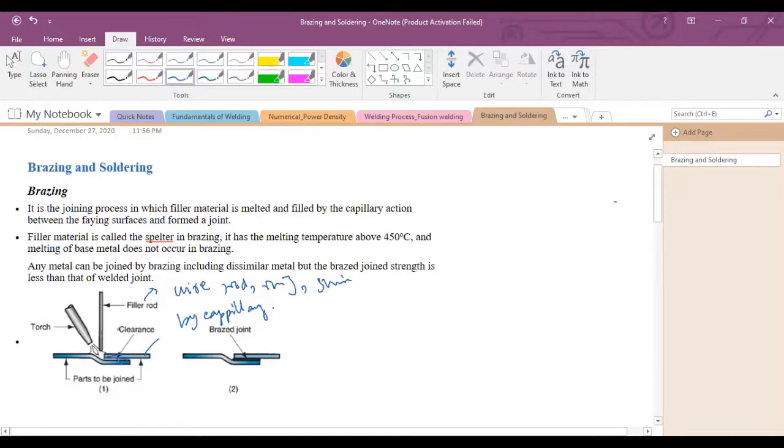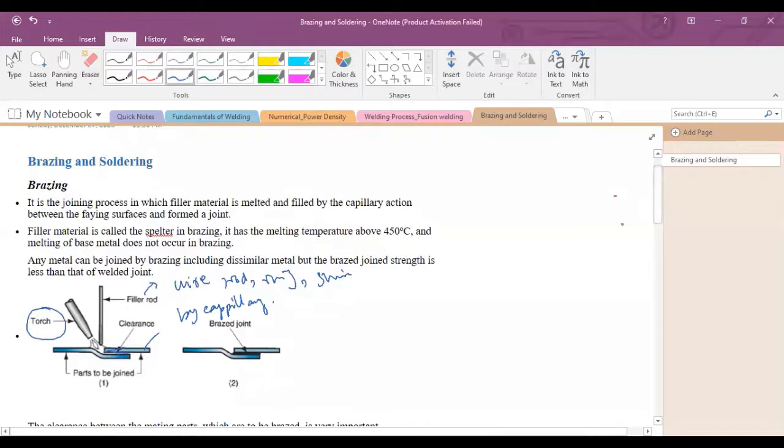This filler material is melted with the help of the torch, and the heat produced from this torch is used to melt this filler material. Filler material or filler rod is called spelter, as I've already told you. You can join any dissimilar metals with the brazing process.